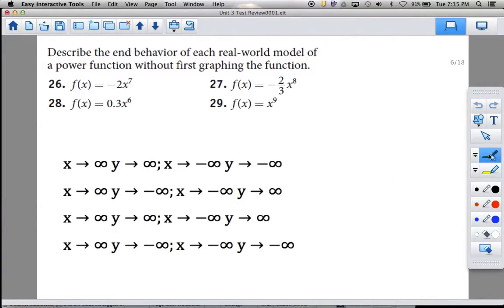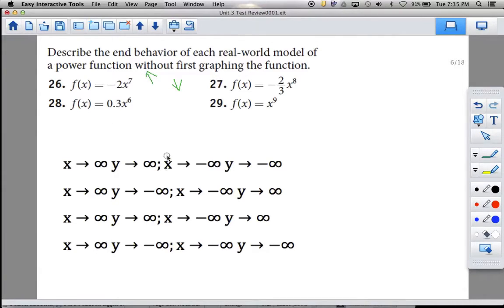For this one, because our A is negative, the right side is going to go down. And because we have an odd function here, odd power there, the left side is going to go the opposite direction of the right. So the right side is going to go down and the left side is going to go up for number 26.